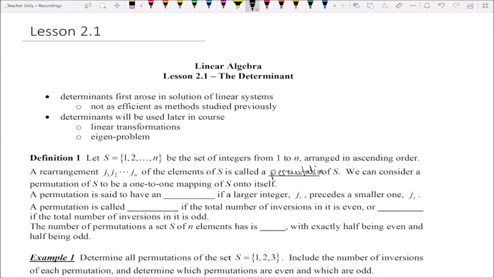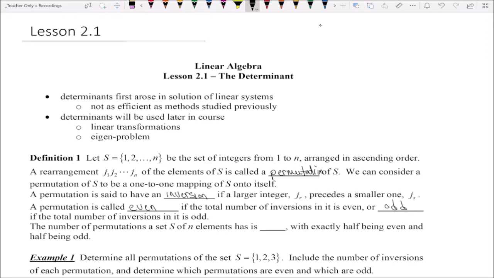Now, we say that a permutation has an inversion if a larger integer precedes a smaller one in the permutation. A permutation is called even if the total number of inversions in it is even, or odd if the total number of inversions in it is odd.